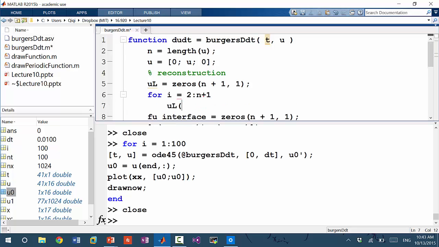And UL of I would be equal to U of I plus 0.5, half of delta x, and the delta x actually cancels with the over delta x. So 0.5 times U of I minus U of I minus 1, right?